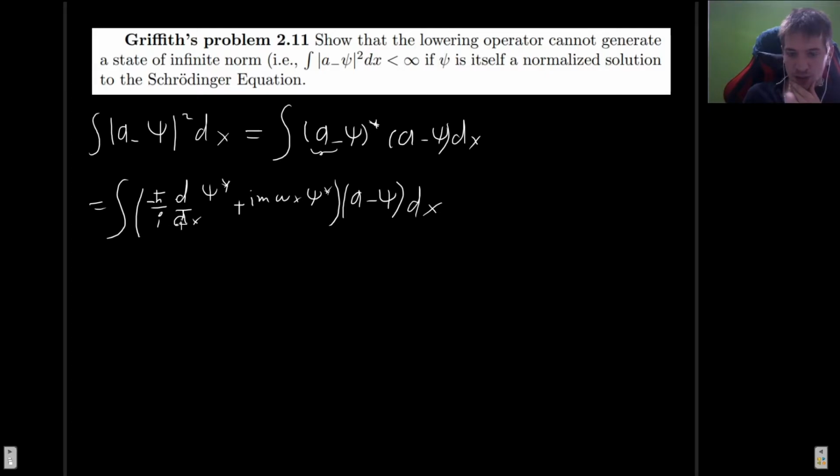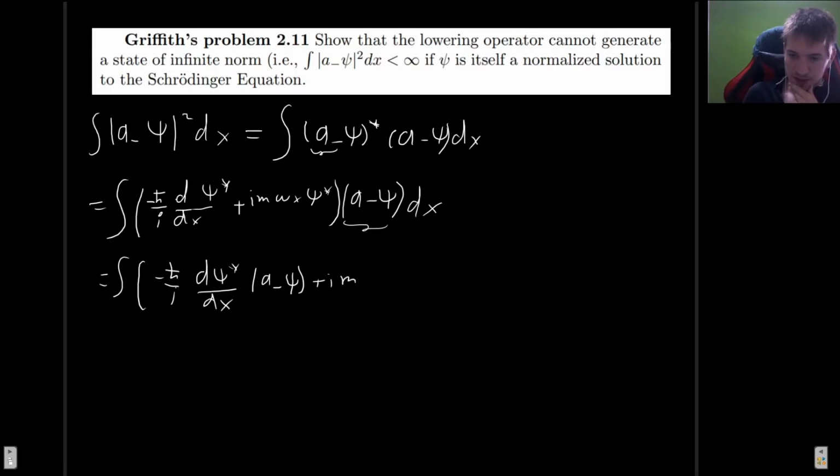And in order to continue, what we're going to do is that we are going to put this in here. So we're just going to multiply this bracket out. So we get minus h bar over i d psi conjugate by dx times A minus psi plus i m omega, oh, I forgot the 1 over square root of 2m.